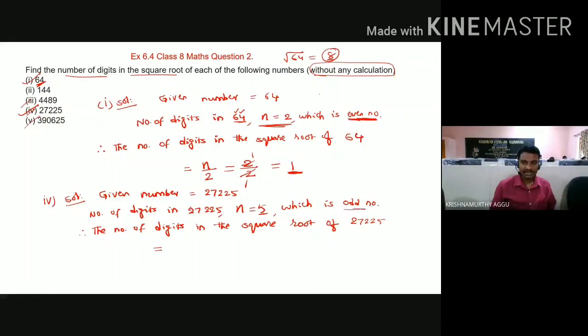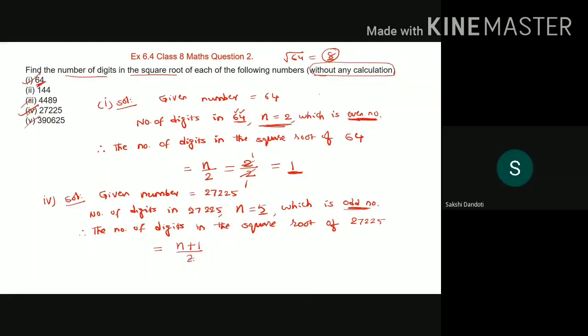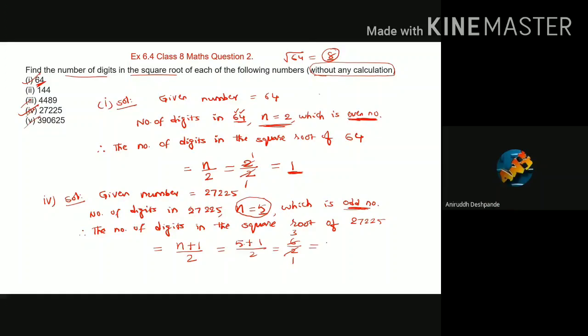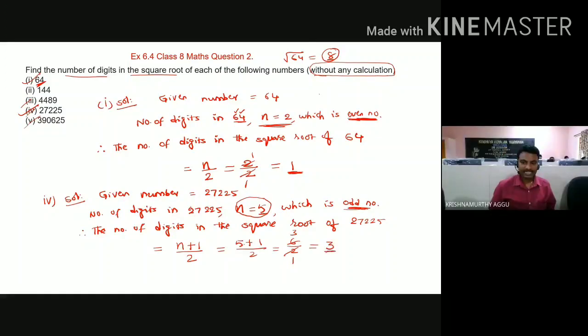If it is odd, then you will get (n plus 1) divided by 2. The n value is 5. So you will get 5 plus 1 by 2. 5 plus 1 is 6. 6 by 2: 2 three times. 3. So how many digits are there in the square root of this number? 3 digits.